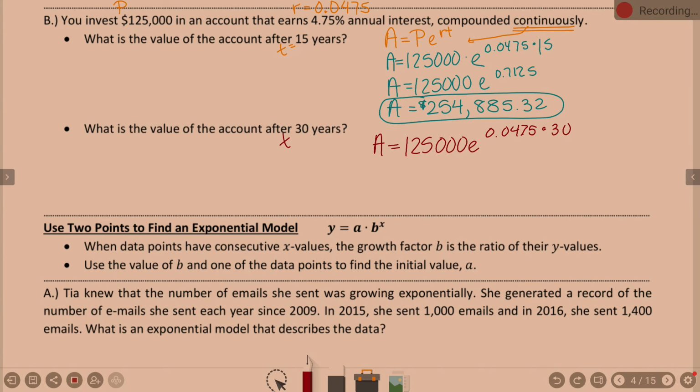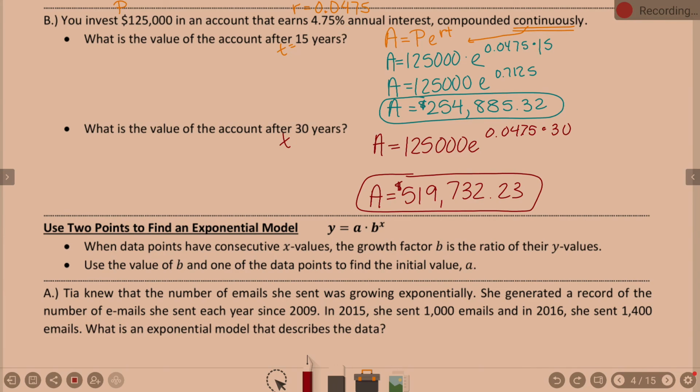You can plug it into your calculator just like that if you want. And 519,000? Yep. $519,732.23.